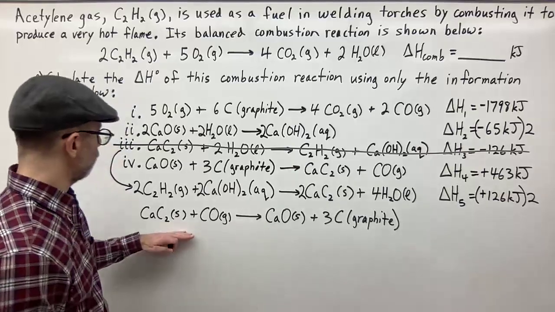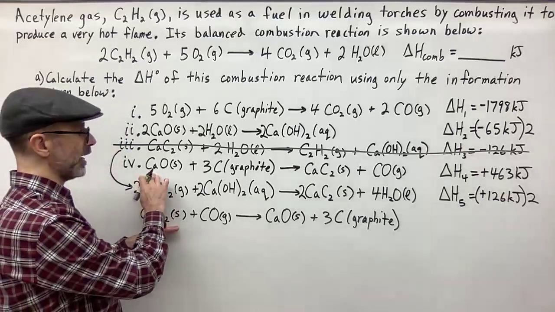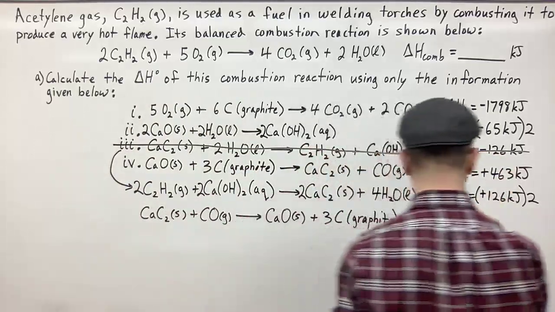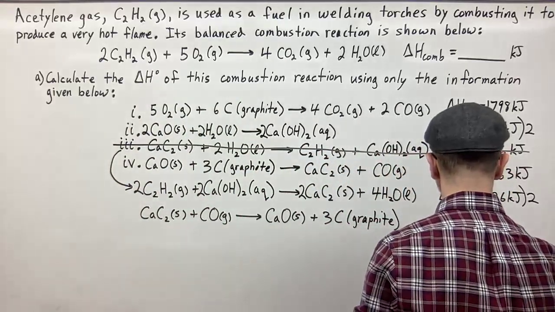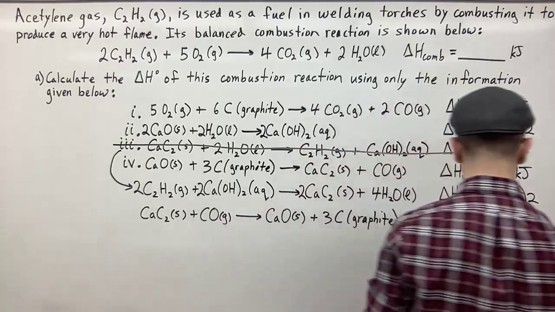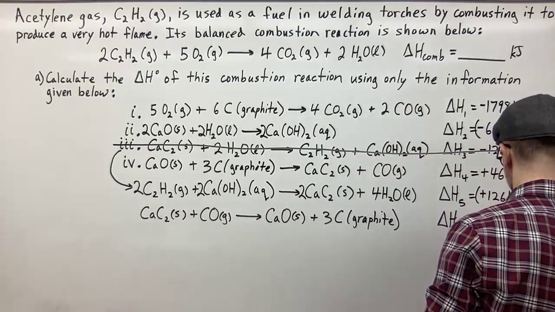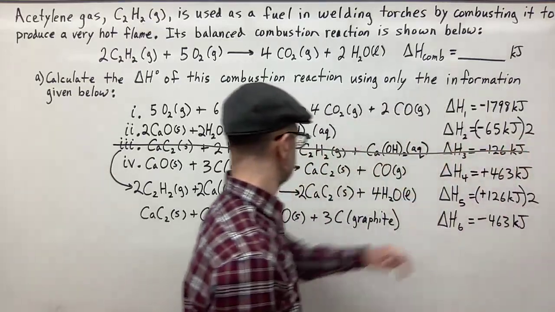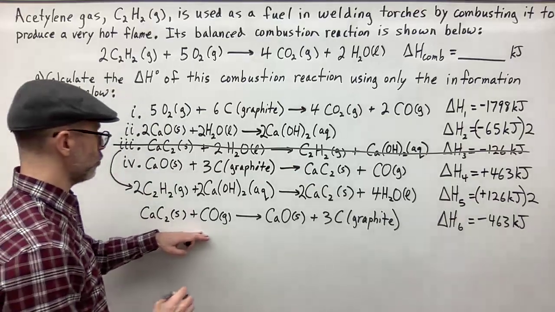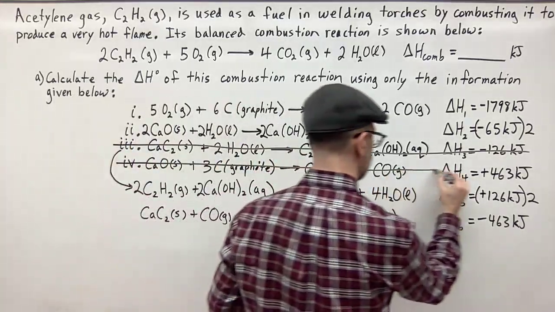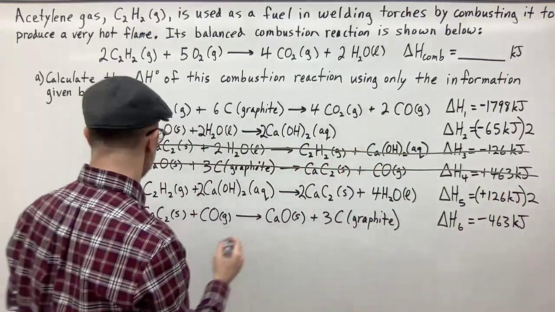Okay, so now I flipped it, which means that I'm going to have to change the sign of the delta H here. So this is, let's call this delta H6. That's going to be equal to negative 463 kilojoules. And so now I can cross this out because I don't need this anymore.